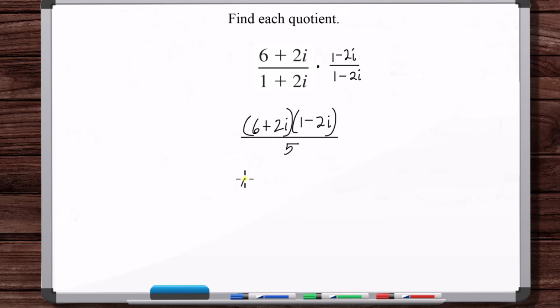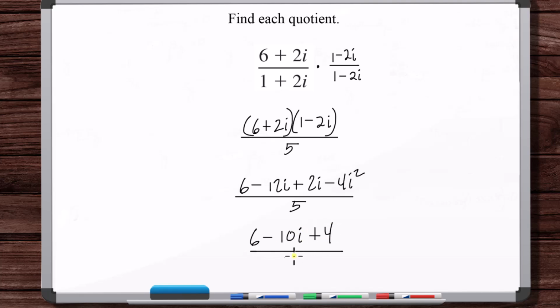So 6 minus 12i plus 2i minus 4i squared. Okay, so 6 minus 10i plus 4 over 5. So 10 minus 10i over 5. You've got 2 minus 2i.